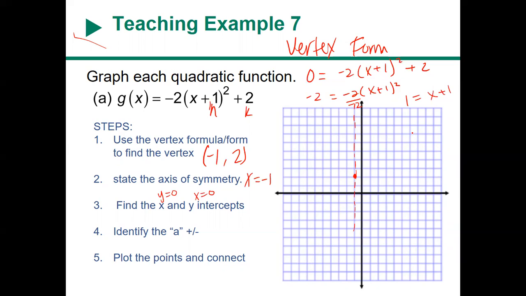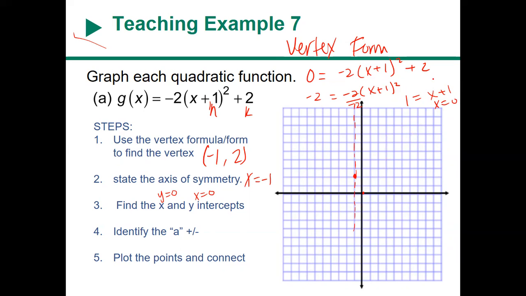And what would X have to be? 0. Did someone say 0? Okay. X equals 0. So that means that it crosses at X equals 0.